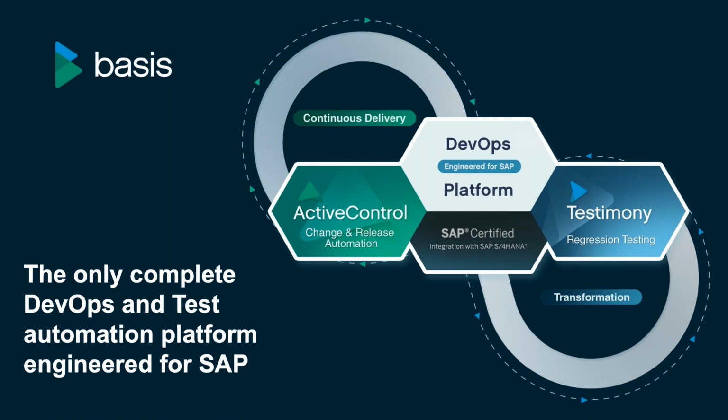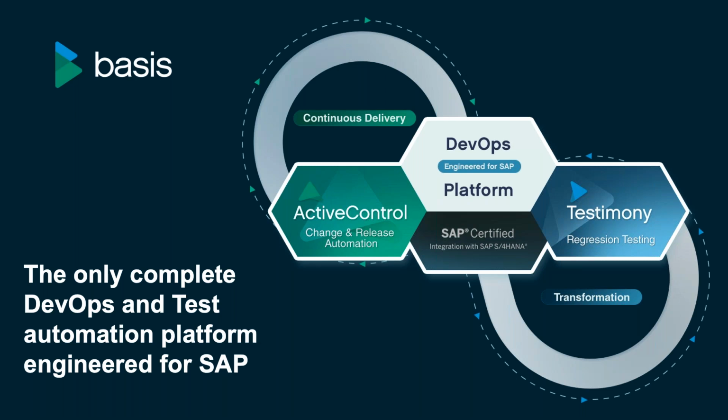The DevOps and test automation platform I mentioned at the very start of this presentation that Basis Technologies offers consists of two main products. We've got Active Control, which is our change and release engine that deals with the DevOps automation side of things, transport management, analysis, visibility and communication.